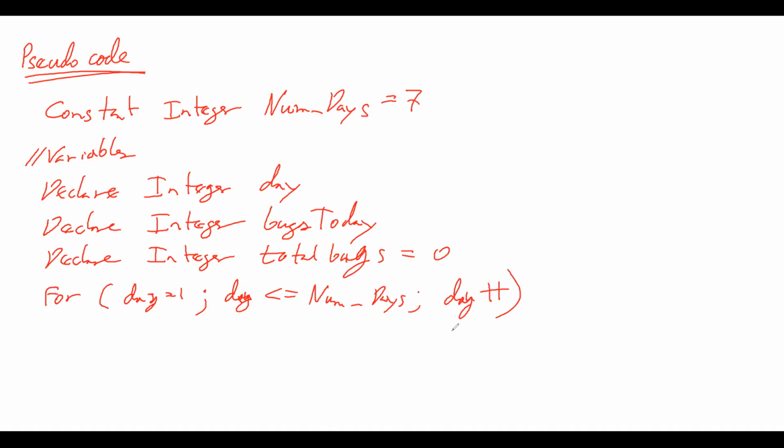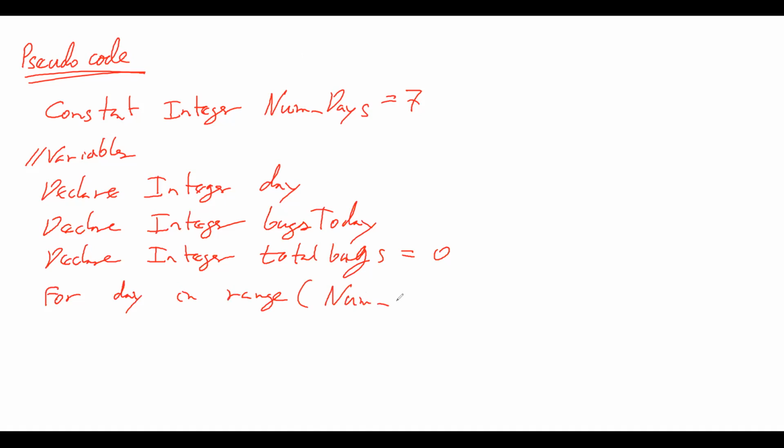It's C's way. We don't do it like that here. If we are doing Python, we would probably do for day in range num days, colon, right? So that's the Python way.